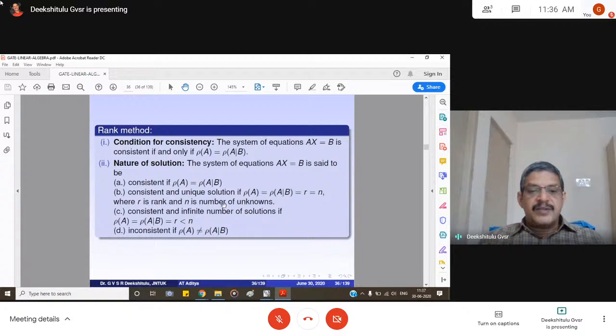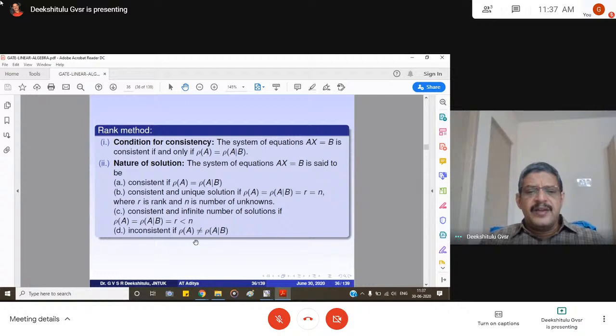They are consistent, that means rho of A and rho of AB are equal, and it has an infinite number of solutions if the rank of the system is less than the number of unknowns.